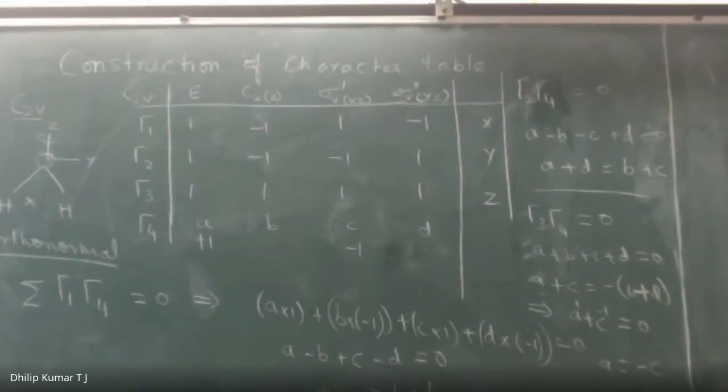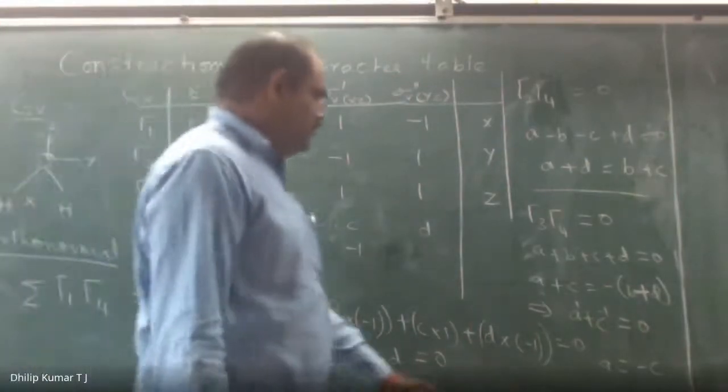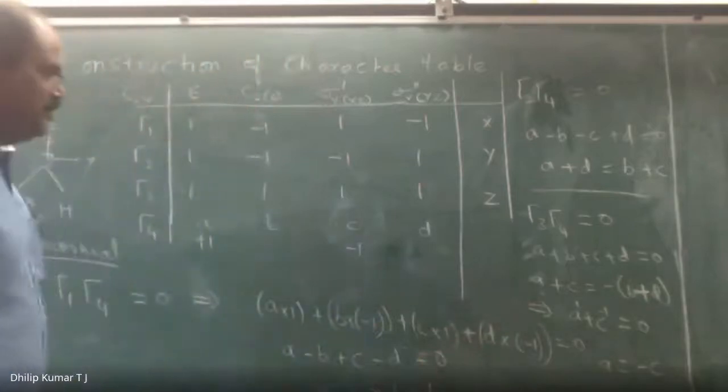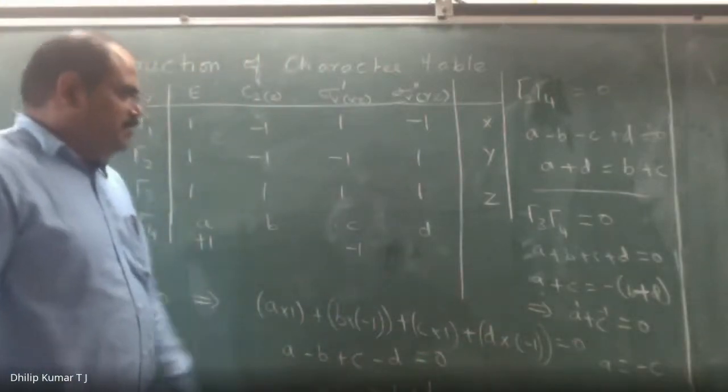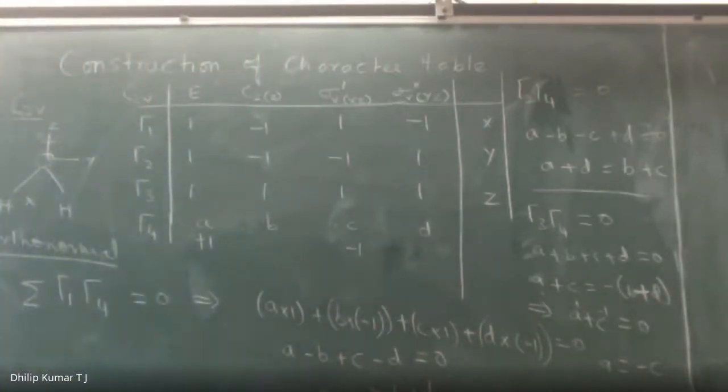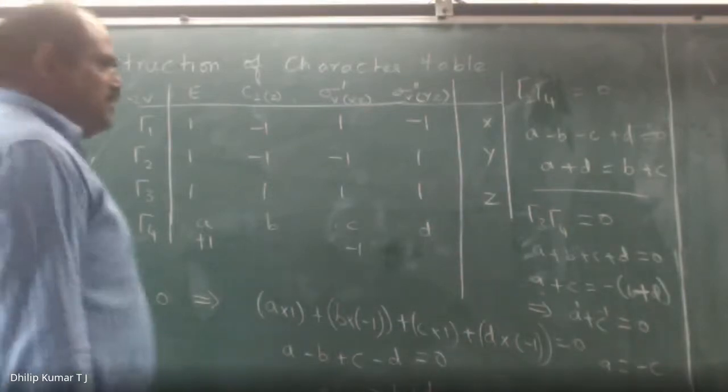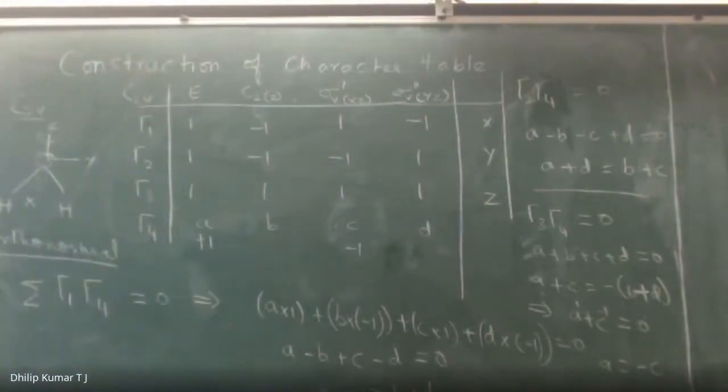So what we are doing is A plus C equal to B plus D. So if you substitute here, minus B plus D. So B also should be 1, and then D should be minus 1. No, I'm not getting this. So let me check. So B equal to 1, D equal to minus 1.